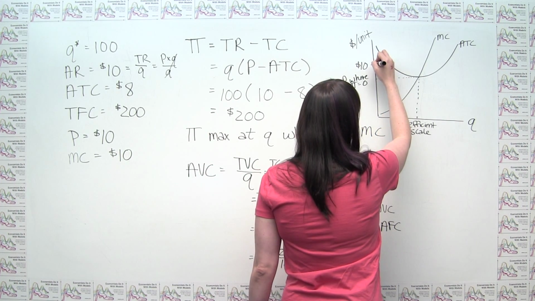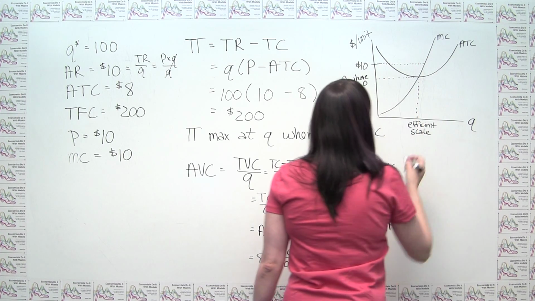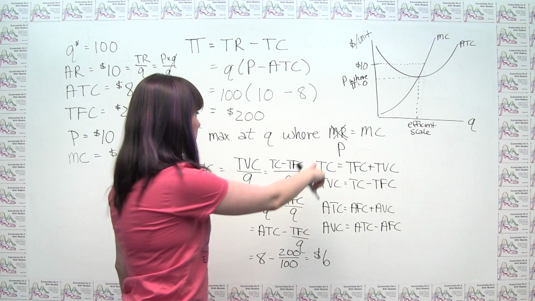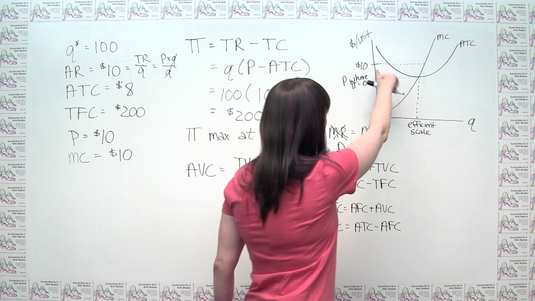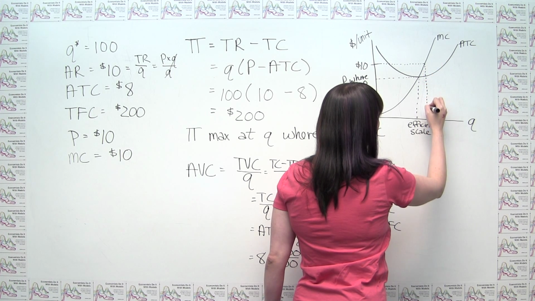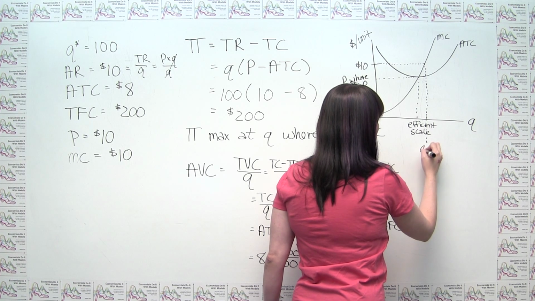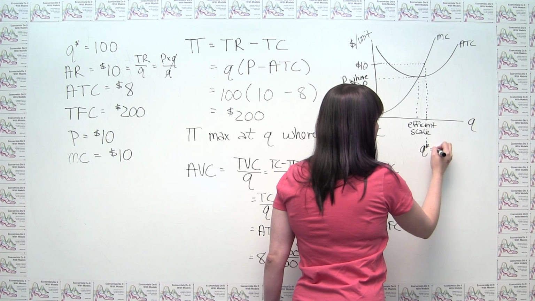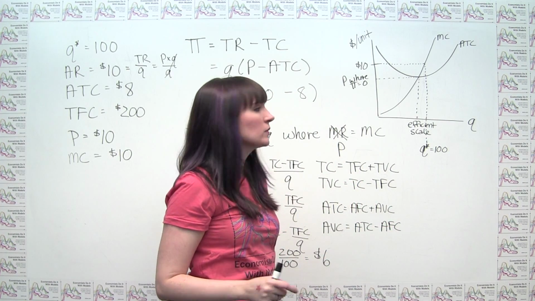We know that the profit maximizing quantity that the firm is going to choose is the quantity where price is equal to marginal cost. So it must be that this point where price is equal to marginal cost, pull this down so you can actually read it, is our Q star of 100 units, right?